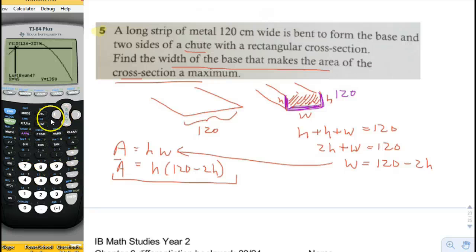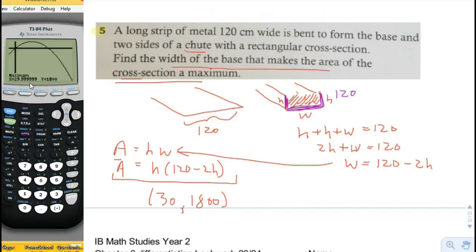Maximum 4, and then I'm going to do the left bound. We've got to move to the left side of the max, and then we go to the right side of the max, and then we guess, and then the maximum is going to be 30, 1800.